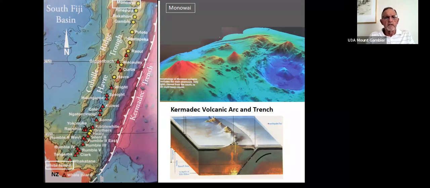Monowai, you can see it right up. It's still south of Tonga, but looking at the ocean floor there in a side scan view, you can see a very large crater, the central probably emergent intrusive boss.